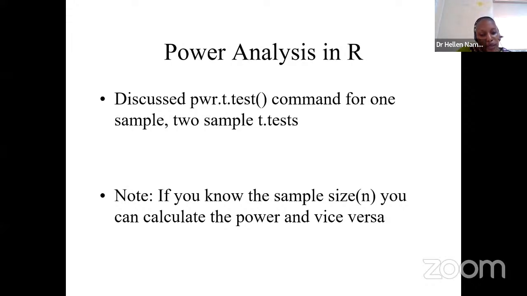How do you calculate the power of the conducted study? Like I mentioned earlier, power is 1 minus beta. That is our type 2 error. Most of the time, for example, in case you're going to use R, all the things are inbuilt.